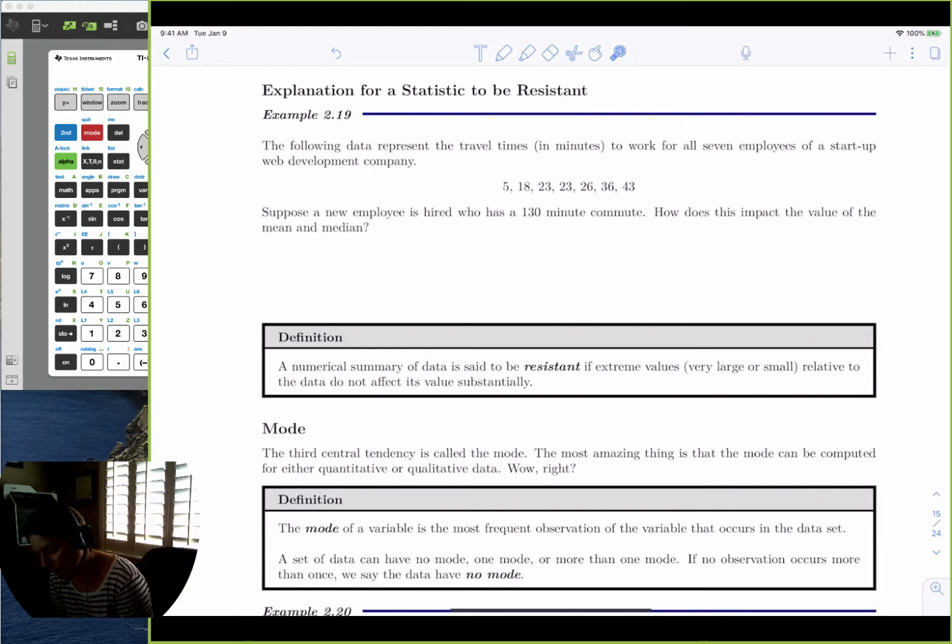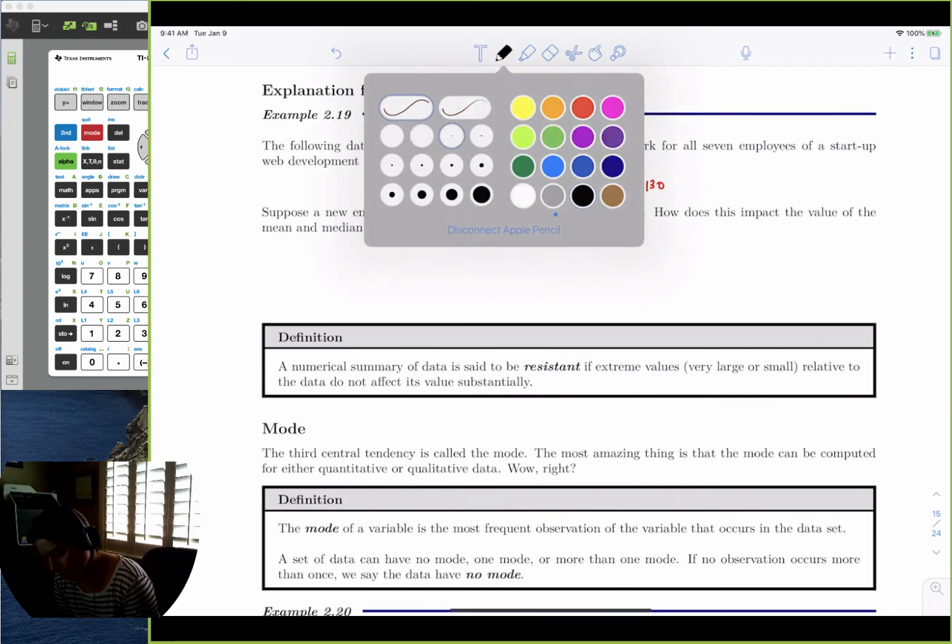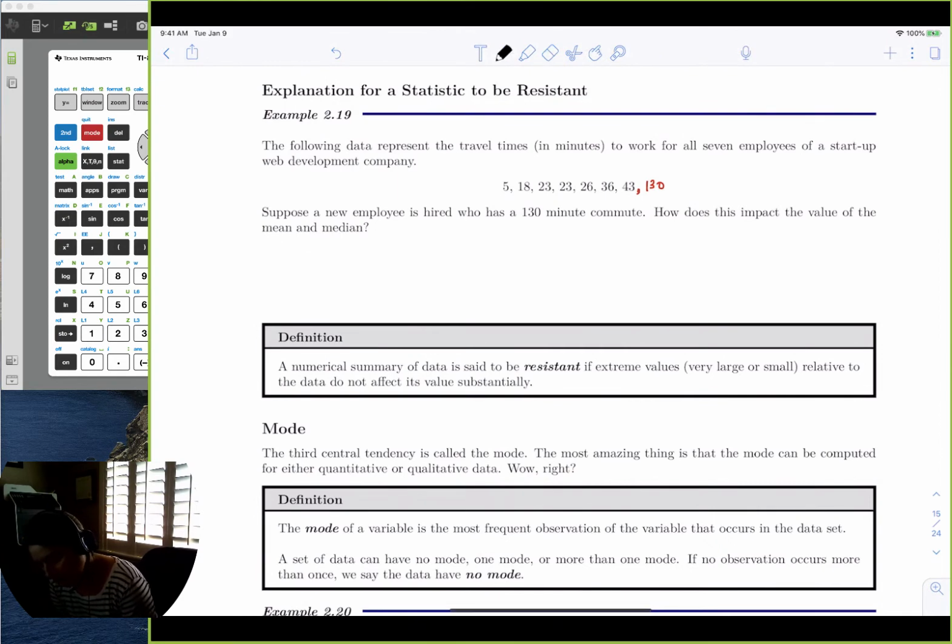So now you're going to be adding an employee that other employees said, this is too much, I'm not going to drive this far. And another employee says, it's okay, I'll drive double, right? So this person's 130. Okay, so if I went into the calculator and calculated the mean and median, including all of them, including the 130 minutes, you would find that the mean is going to change a little bit, to 38 minutes.